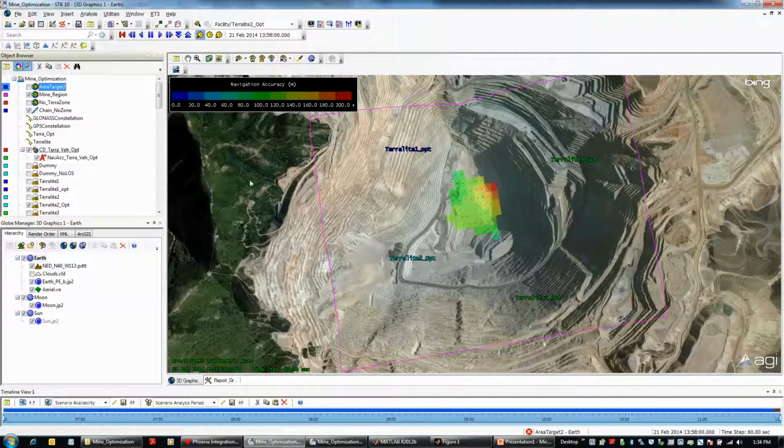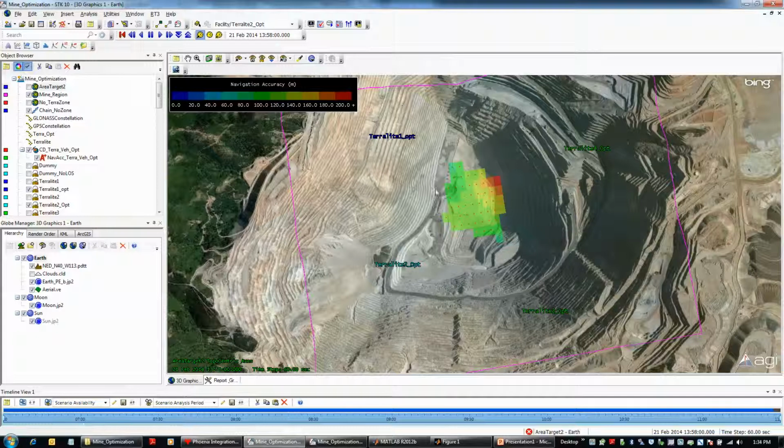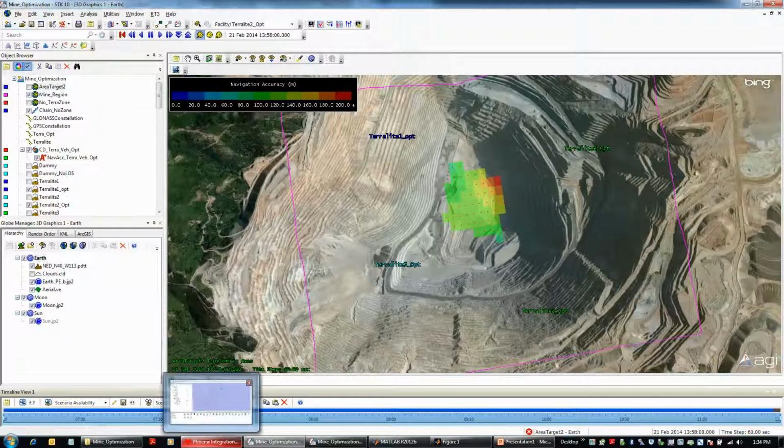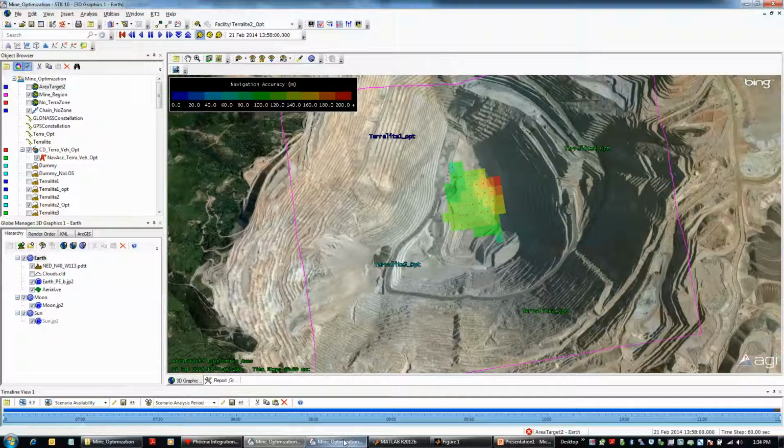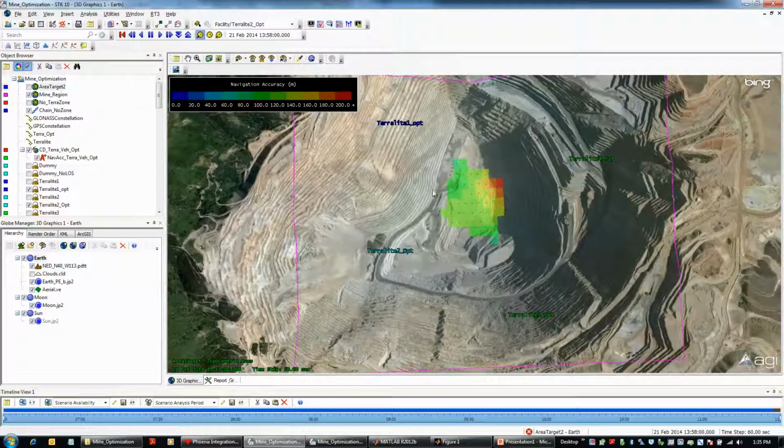So you can see that this is my navigational accuracy. Using the optimization methods, you will be able to define the ideal location to keep the terralites. I haven't placed them in this region myself. Basically STK has done it. It has taken the terralites, randomly placed them all over the region, and automatically given the result.